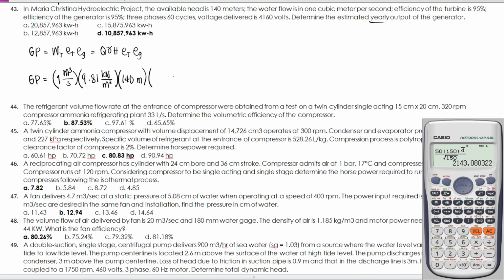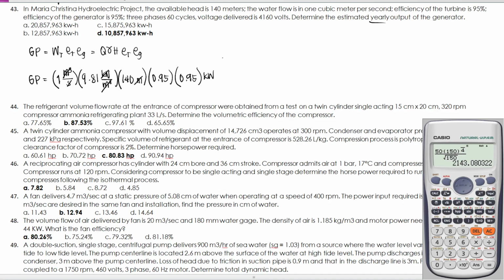Multiply lang natin to turbine efficiency 0.95 at saka sa generator efficiency 0.95 din. So cancel out lang yung cubic meter. Ayan. So kilonewton meter is kilojoule, kilojoule per second is kilowatts. So ito is magiging kilowatts.